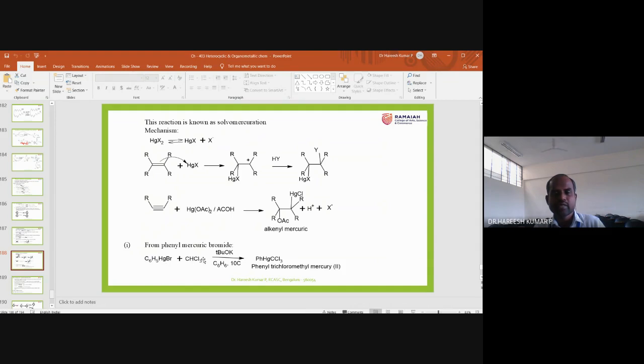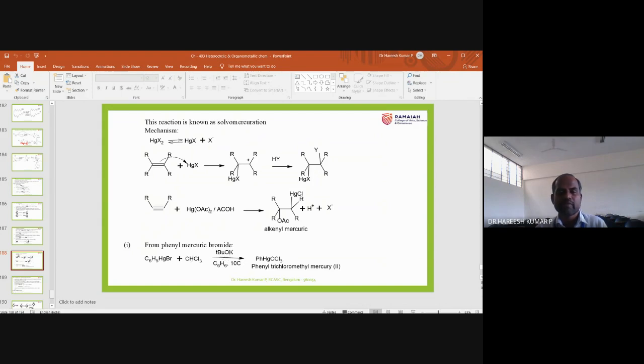When phenyl mercuric bromide is treated with chloroform, CHCl3, and tertiary butoxide, a tertiary butoxide is a base. What will it do? It will capture a proton. Where? I think the CH is there, no? This proton is captured by tertiary butoxide.